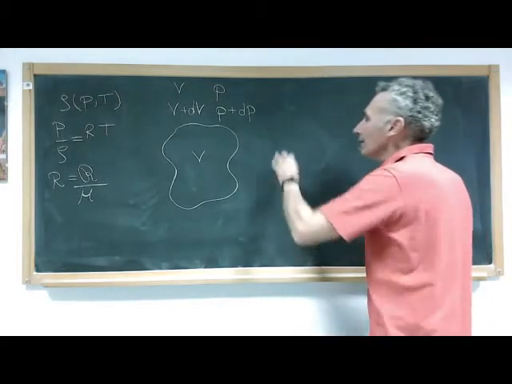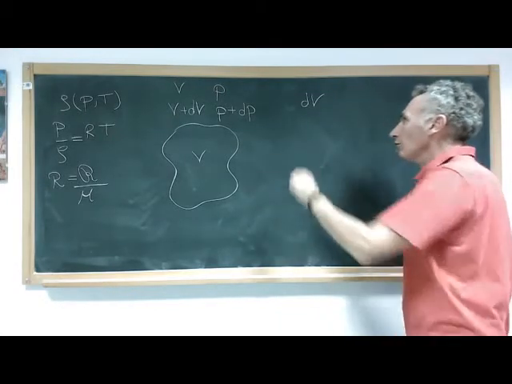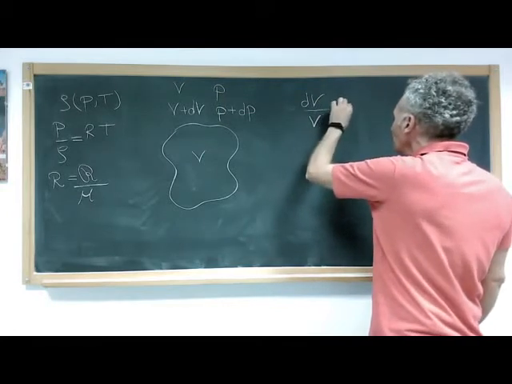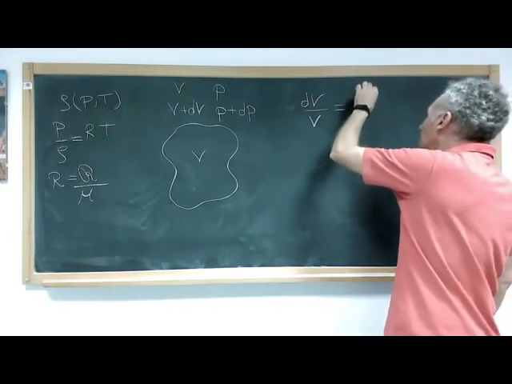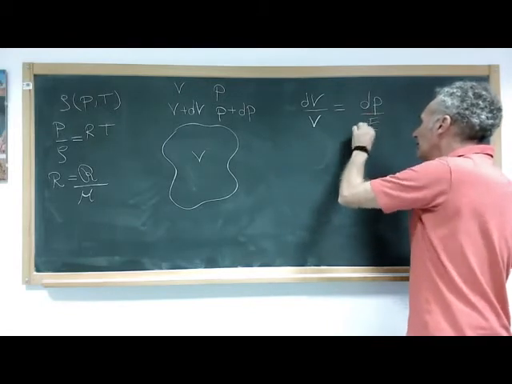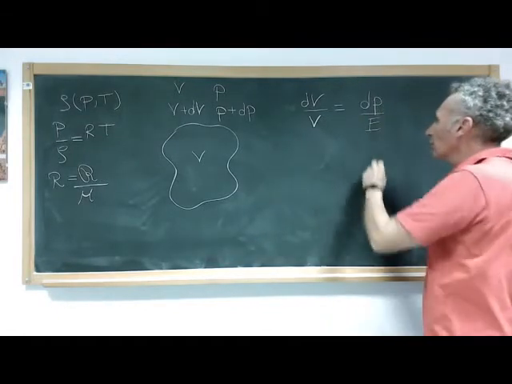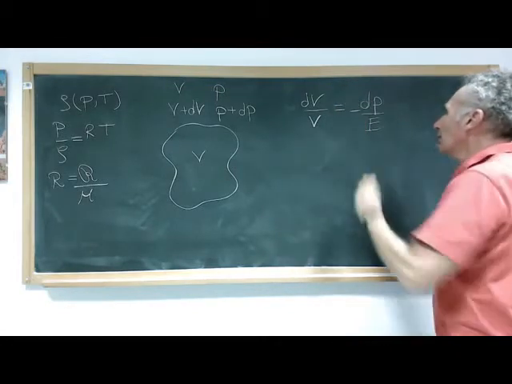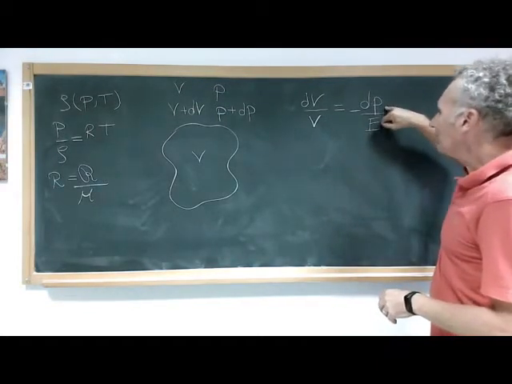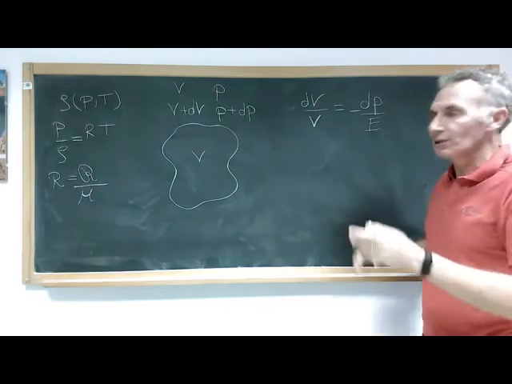So a common way to parameterize this variation is that the relative volume variation, dV by V, will be proportional to the pressure variation, but if you want this proportionality to become an equality, we must divide by some material-dependent factor, which we call E, and then we put a minus here, just because the scientific tradition wants this E to be a positive number. dP is positive, and dV is negative, because the volume decreases.